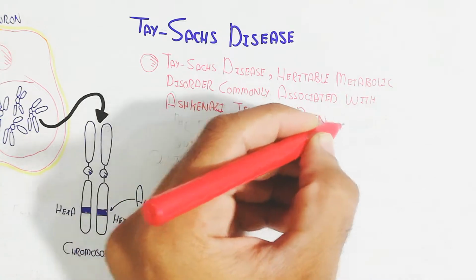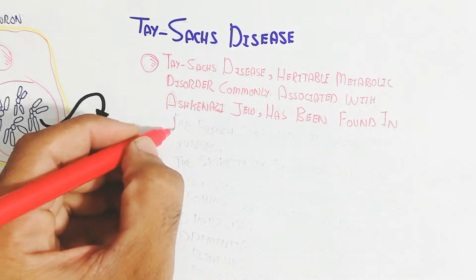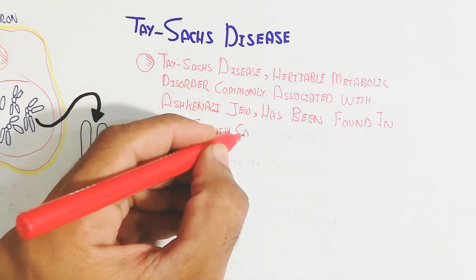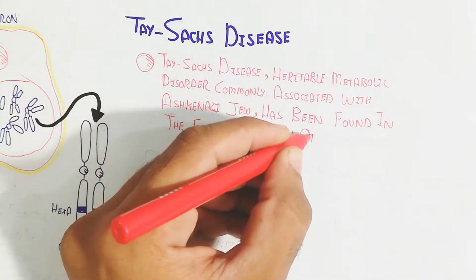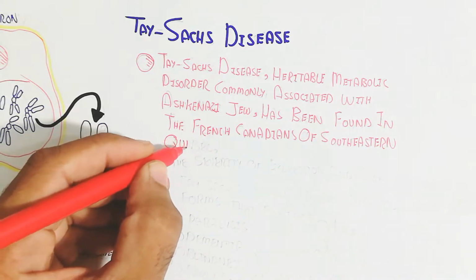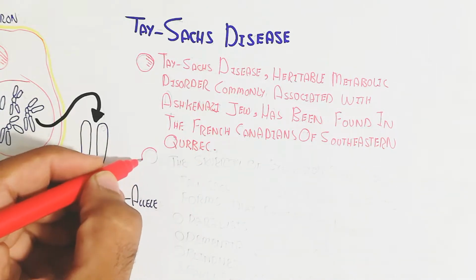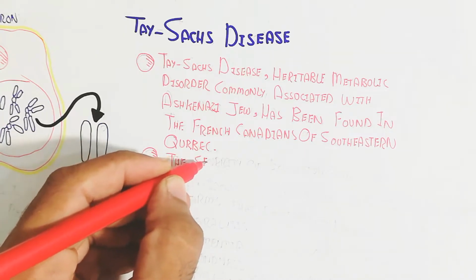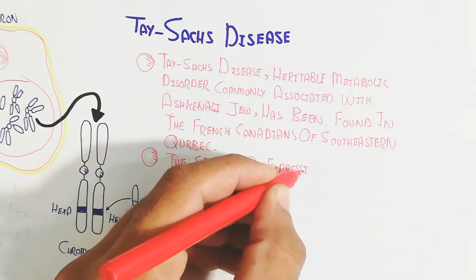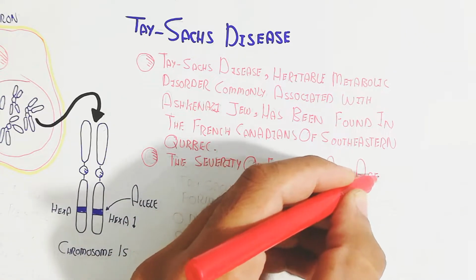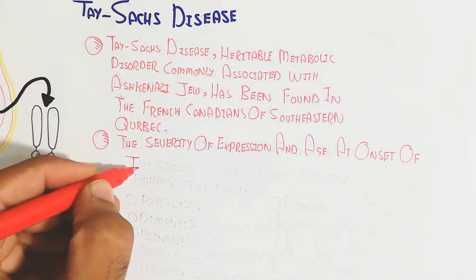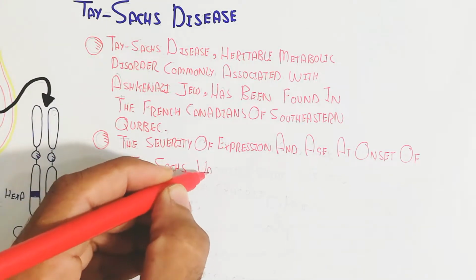The severity of expression and age at onset of Tay-Sachs varies between infantile and juvenile forms, which exhibit differently.